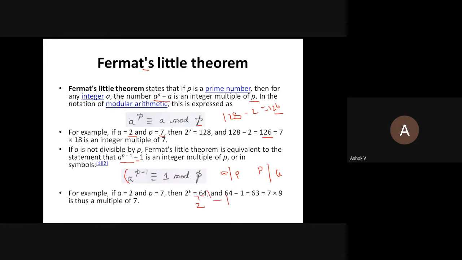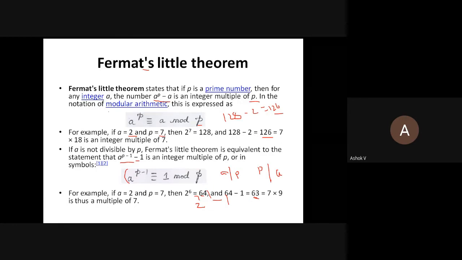So 2^6 is 64, and 64 minus 1 is 63. Then it is a multiple of p, where p is 7. 63 is a multiple of 7, since 7 into 9 is 63. So this is another version of Fermat's little theorem.